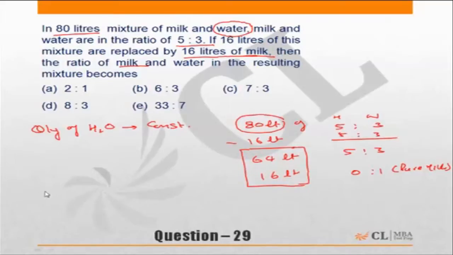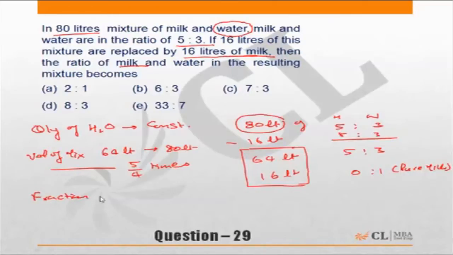Or in other words, the volume of the mixture from 64 liters is becoming 80 liters, or the volume is becoming 5/4 times. If the volume of mixture is becoming 5/4 times, what will happen to the fraction of water? Why water? Because we are not changing the quantity of water.